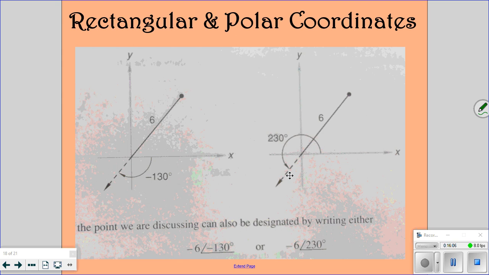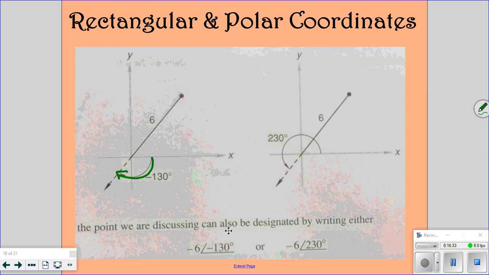We can also make our distance a negative. So if it had been a negative 6 at negative 130 degrees, negative 130, you would go down, and that would put you here. And then if it's a negative number for your distance, you always shoot it through 180 degrees of the origin. So instead of being in the 3rd quadrant, we would be back into the 1st quadrant.